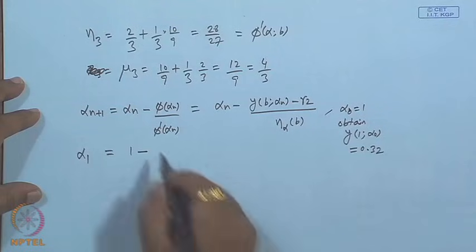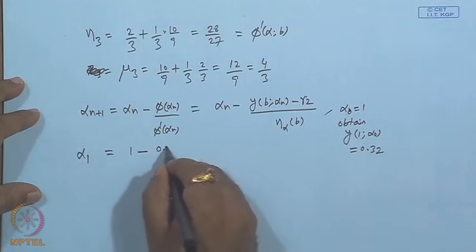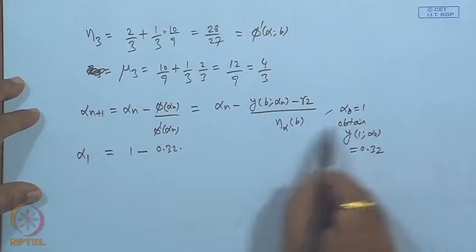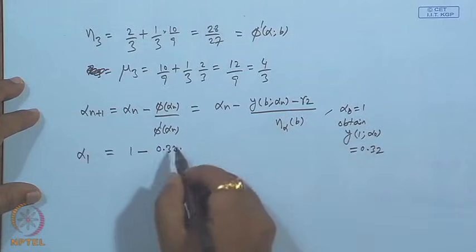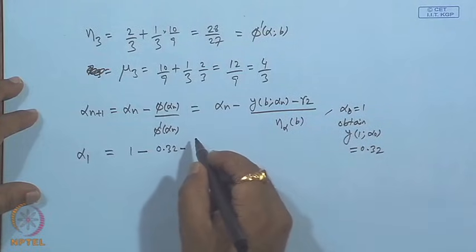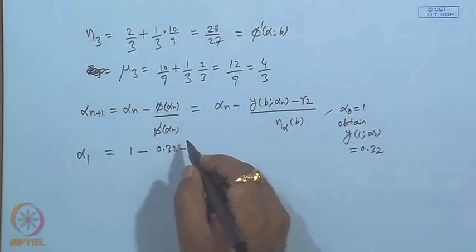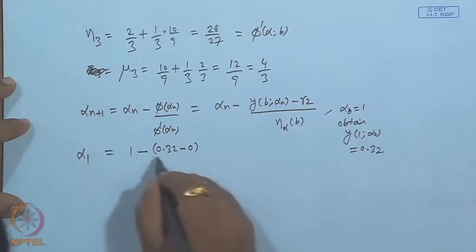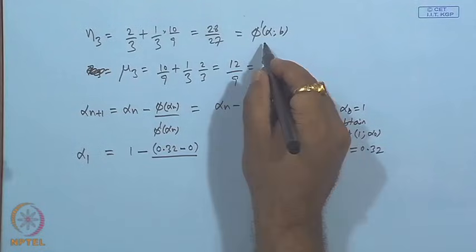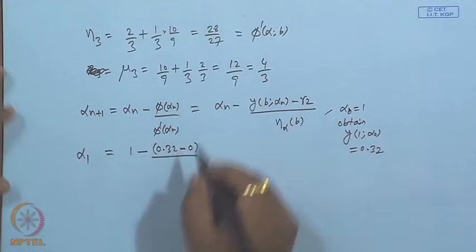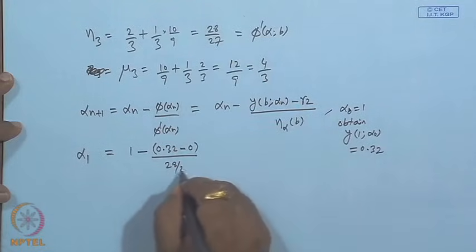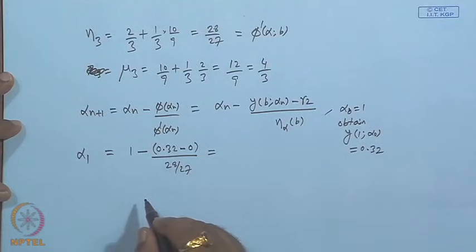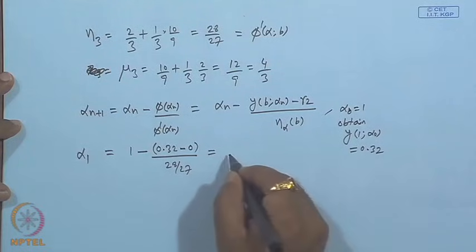Let us say this is the value we have obtained, minus gamma 2. Gamma 2 was given as 0, and eta alpha we have just obtained. So, we get a refined value. This is our alpha 1.